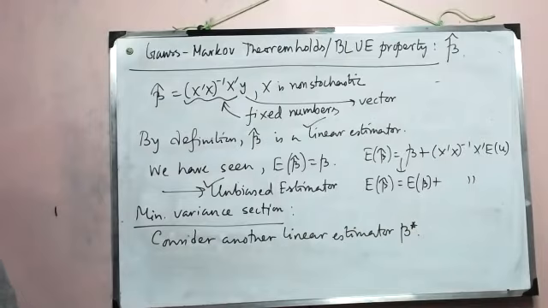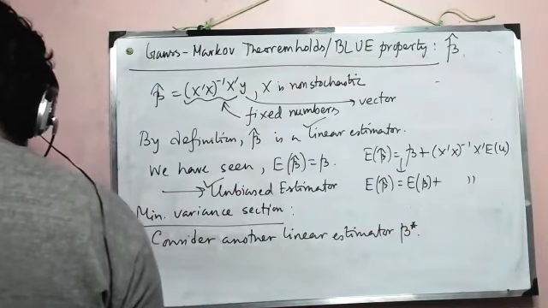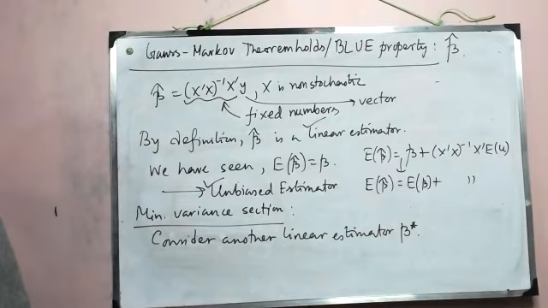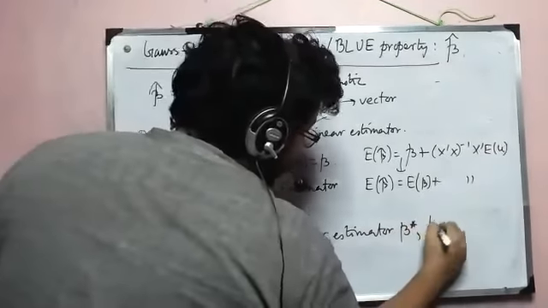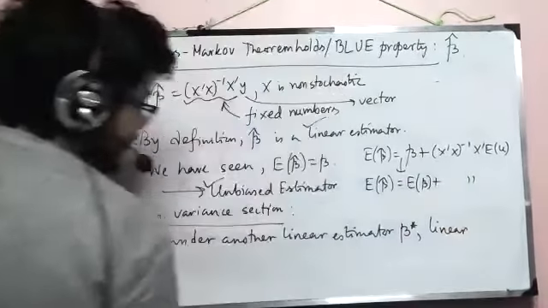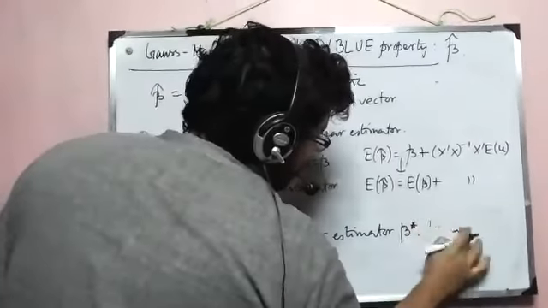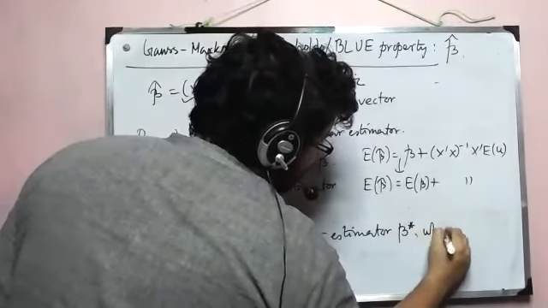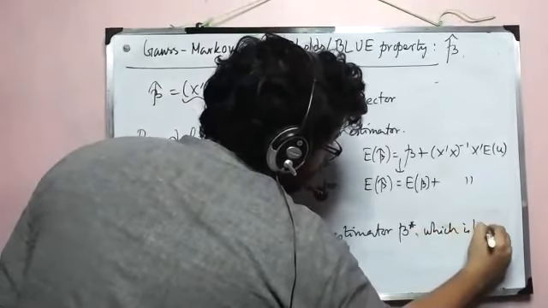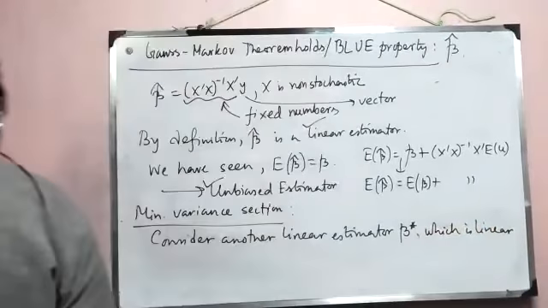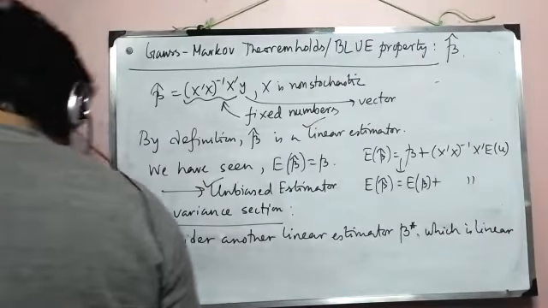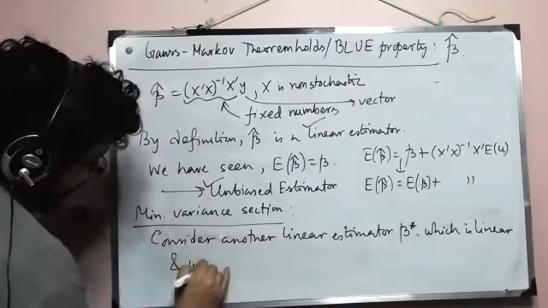But since we are in the class of linear and unbiased estimators, we have beta star as linear and unbiased.